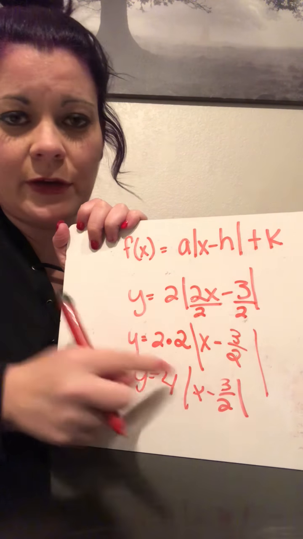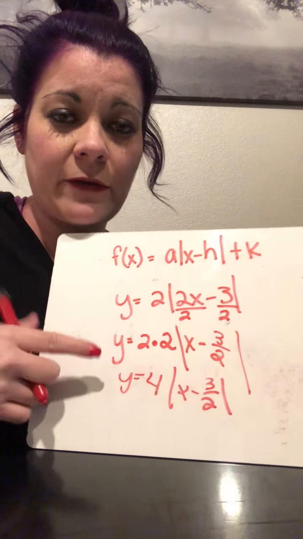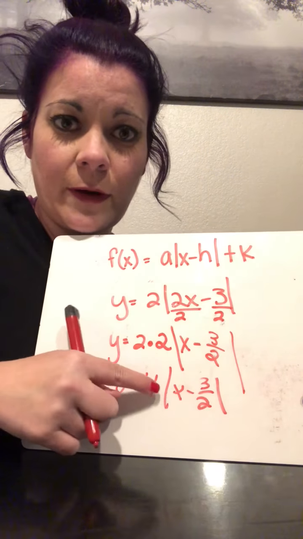The x doesn't have a coefficient. That's what you need to do. So what this means is that we're going to shift 3/2, which is 1.5, to the right, and then our slope is going to be multiplied by 4.